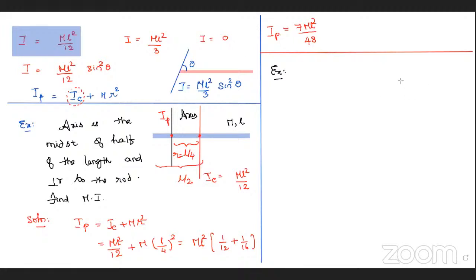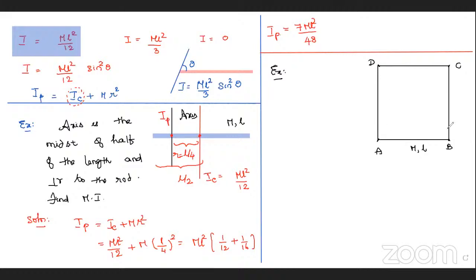Here, take 4 rods at the 4 sides. This is one rod, AB, of mass M, length L, and all the 4 rods are identical.